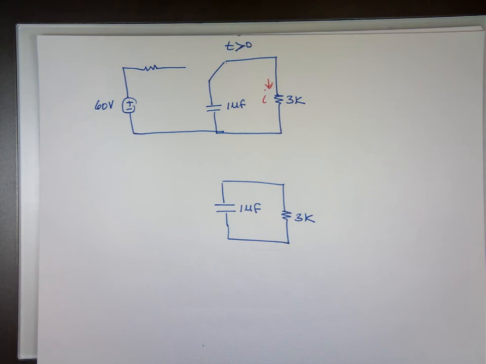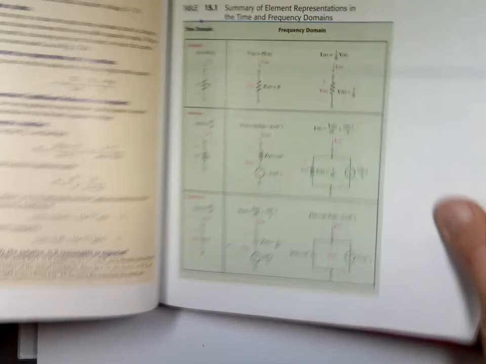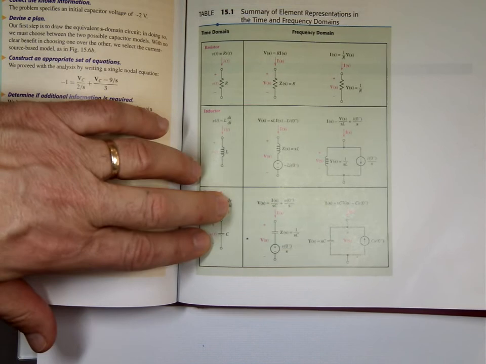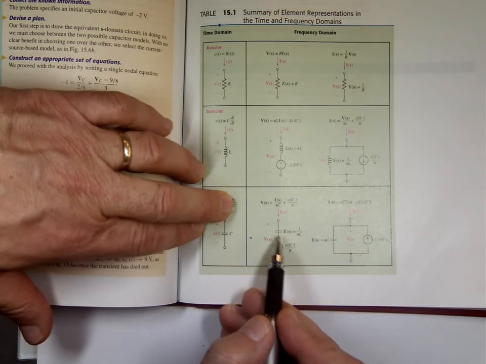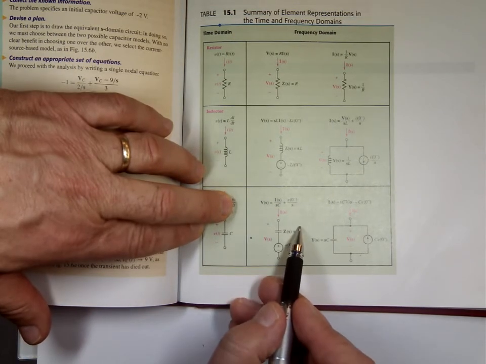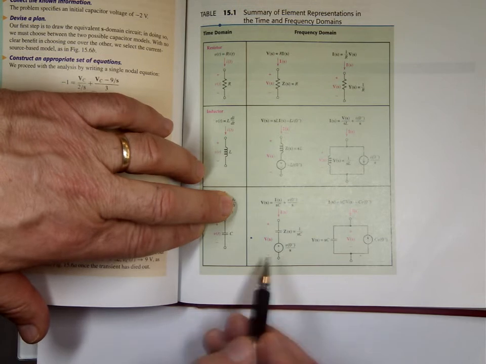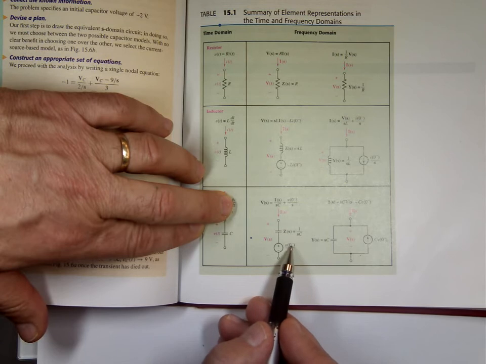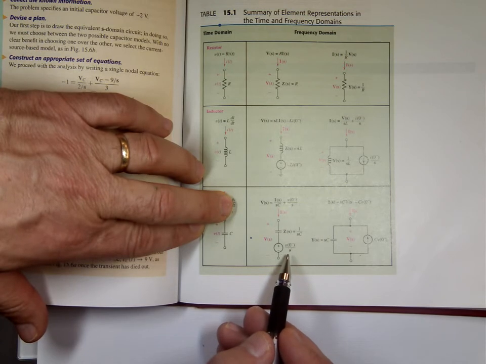Where is our book? This is our book. It says if you have a capacitor, I'll read to you in case you can't see it there, you can replace it with the capacitor of the value 1 over SC plus to minus the voltage V of 0 divided by S. My voltage of the capacitor is 60?